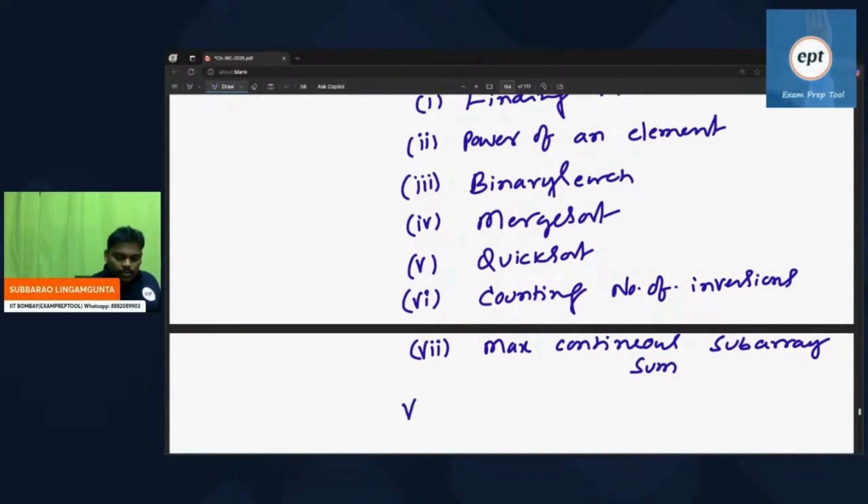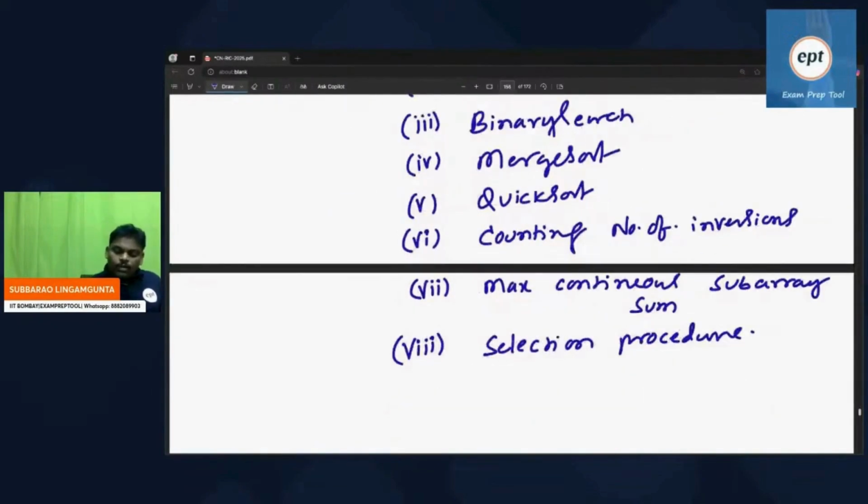Eighth one, selection procedure. Ninth one, Strassen's matrix multiplication.